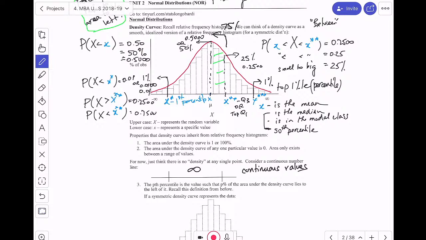So if I tried to find the probability at a point, let's say just a blue X, and say I want to know the probability of the variable being exactly X. What's the chance of that? The answer is 0.